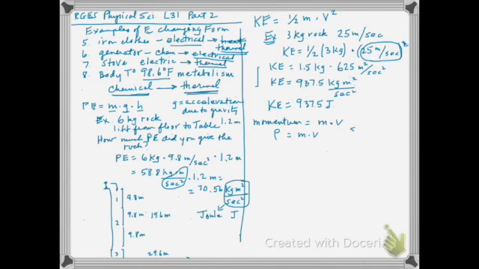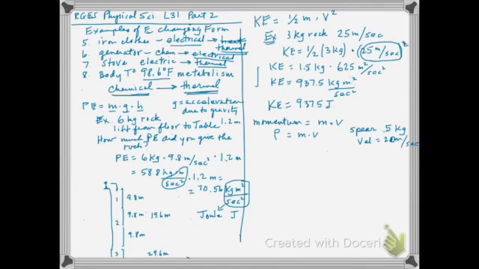Let's say we're throwing a spear, and the spear is 0.5, a half a kilogram. And we're throwing it at 20 meters per second. So the velocity is 20 meters per second. Okay, that's a pretty good speed.